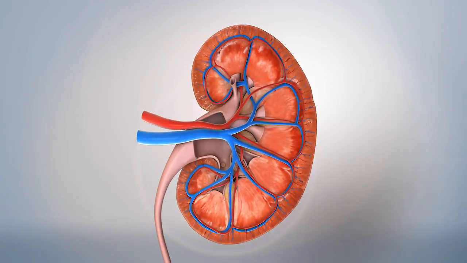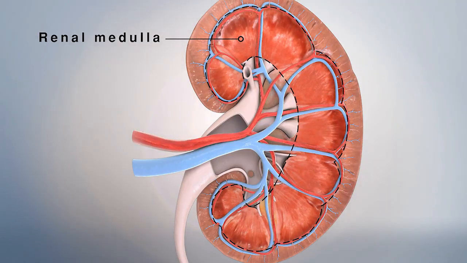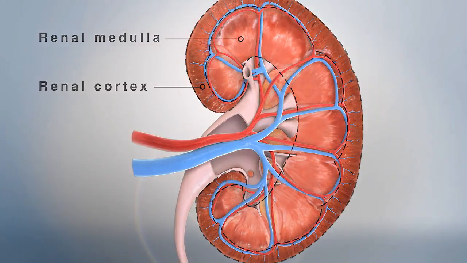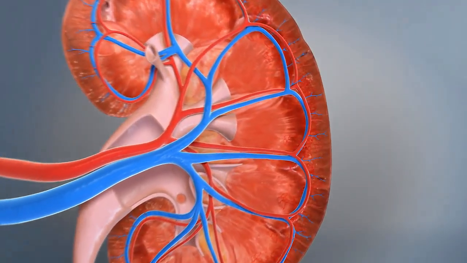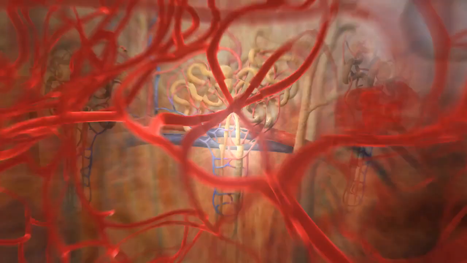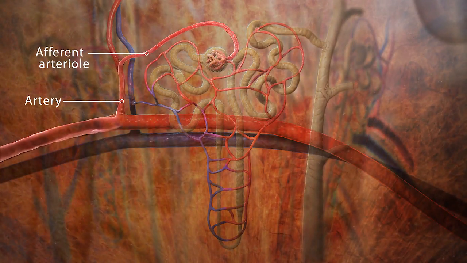Blood from the renal artery enters the kidney where it branches through the medulla of the kidney to the cortex. In the cortex, the smallest arteries become arterioles, leading to ball-like capillaries known as glomeruli.